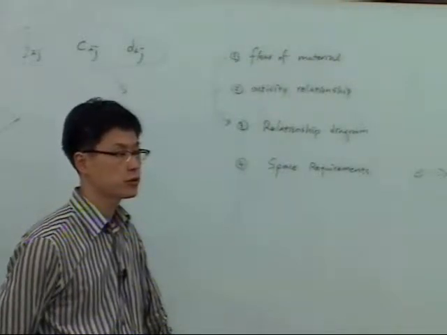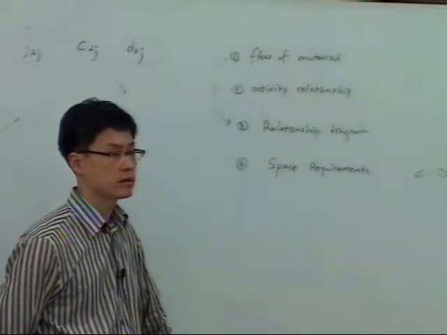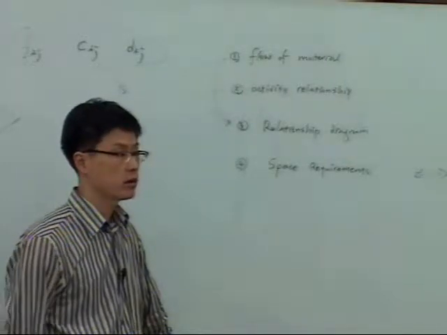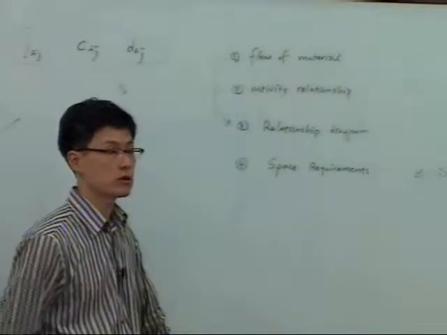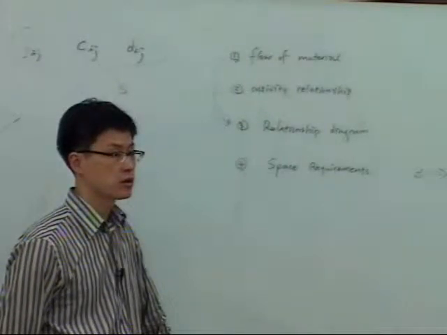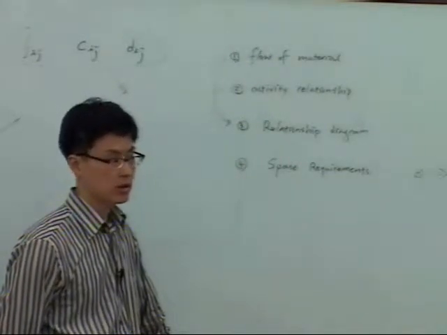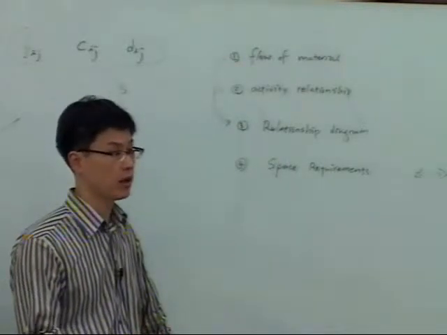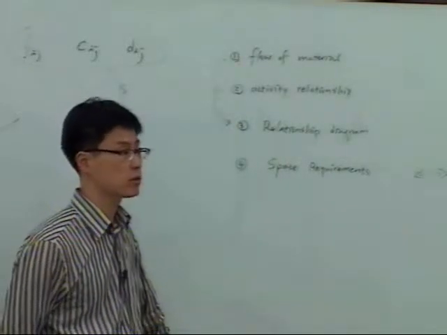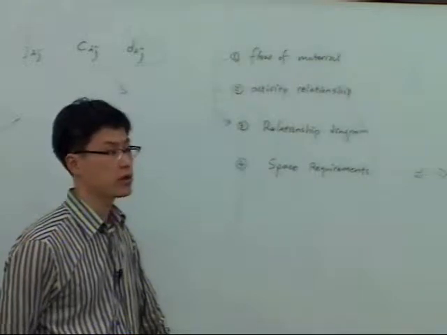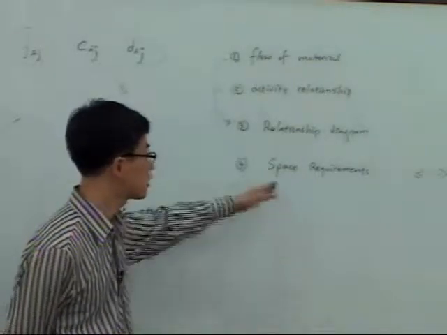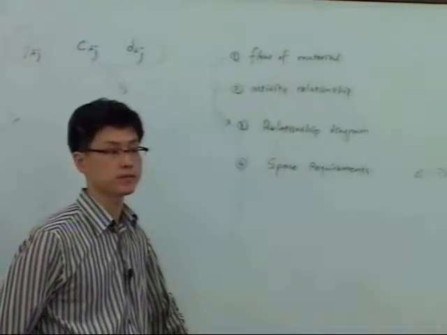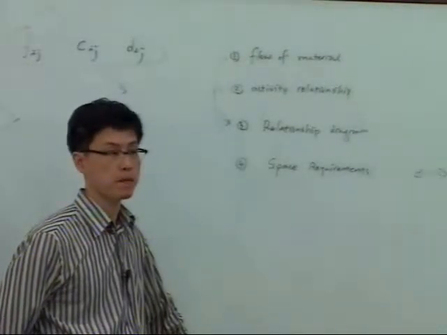In order to process the required volume for a given time, you can actually deduce what kind of equipment you need, and that equipment has its own dimensions, and based on that information, you can determine the space requirement of that department. Any question?